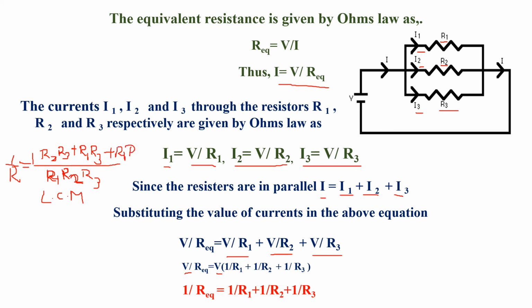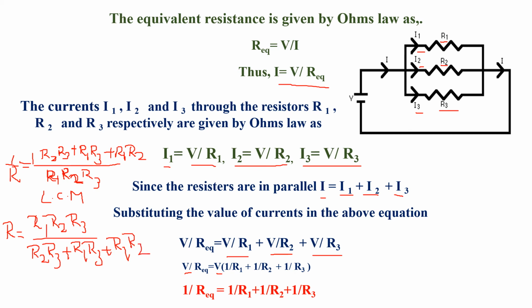So when we reciprocate this, since we need the value of R, R is equal to R1 R2 R3 by R2 R3 plus R1 R3 plus R1 R2. This will give us the value of R.